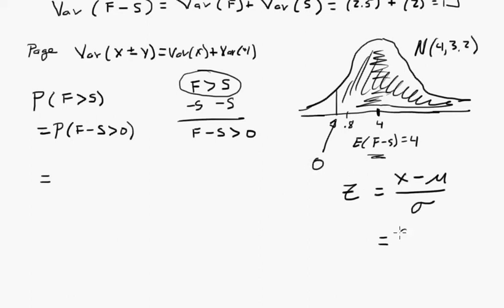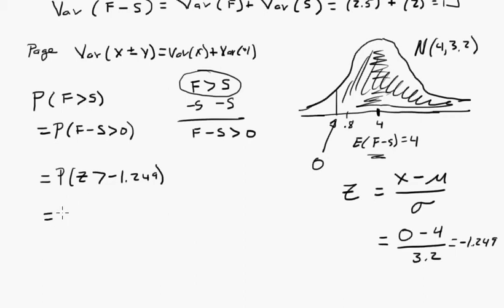Okay. So we plug in 0 and we subtract off 4, the mean, and we divide by 3.2. Okay, and that's going to be a negative 1.249. So this becomes, what's the probability that z is greater than a negative 1.249. So we can do that with our calculator.